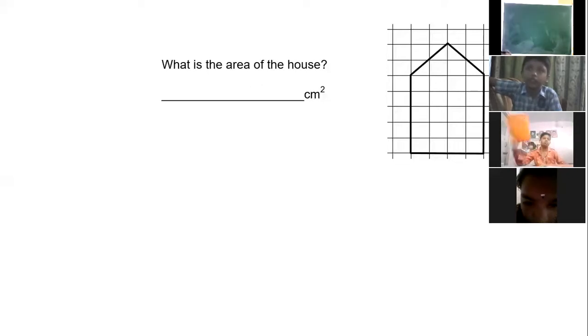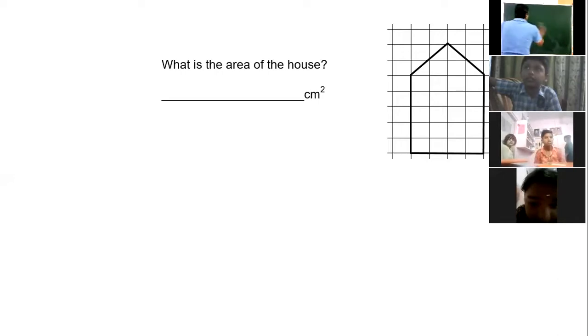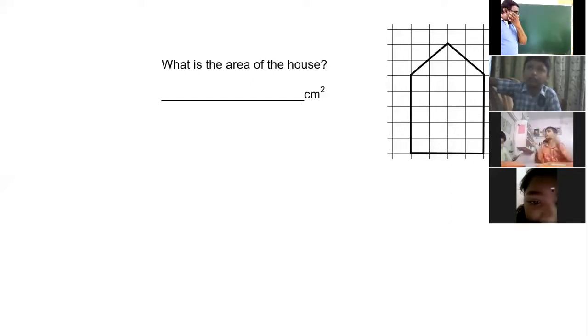What about half boxes? 22 full boxes and 4 half boxes. So the total is 24 square centimeters. Yes, 24 is the right answer.